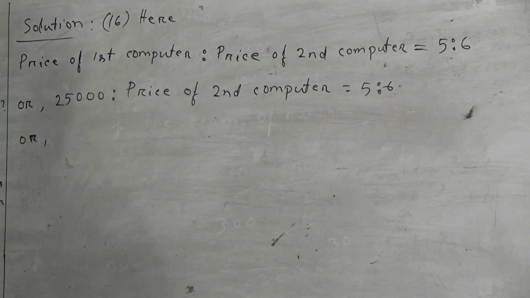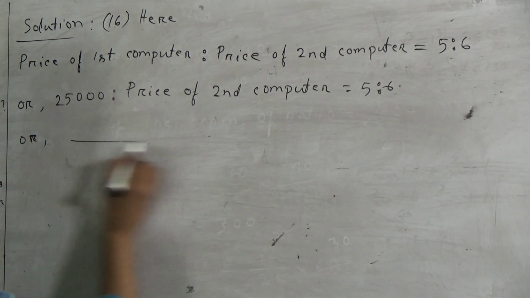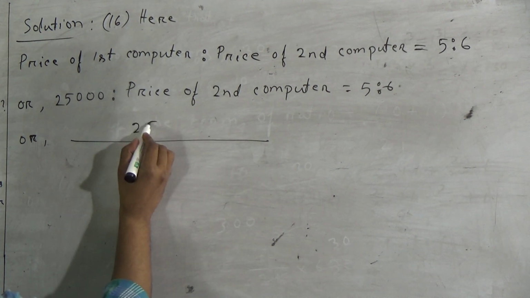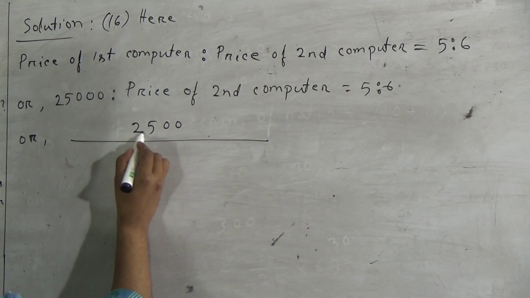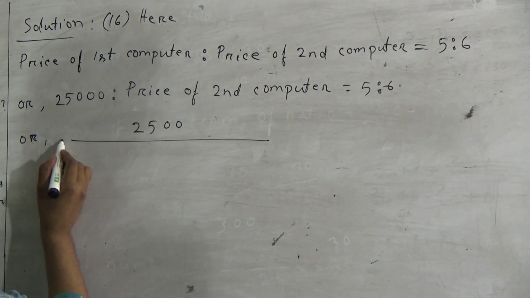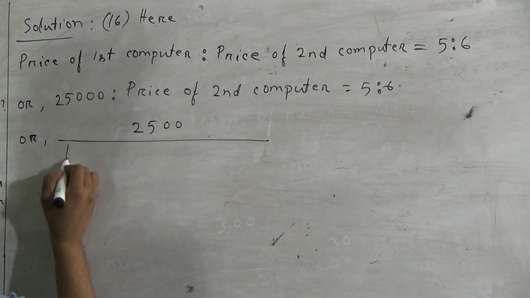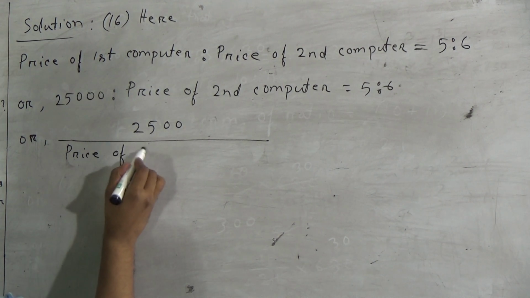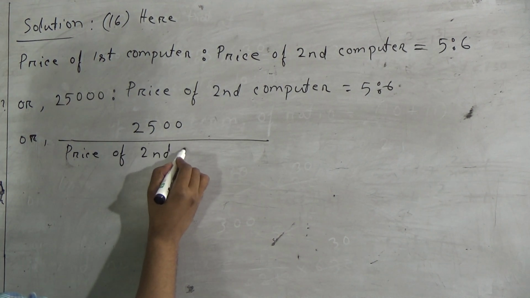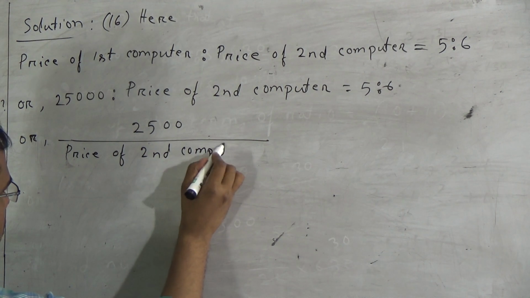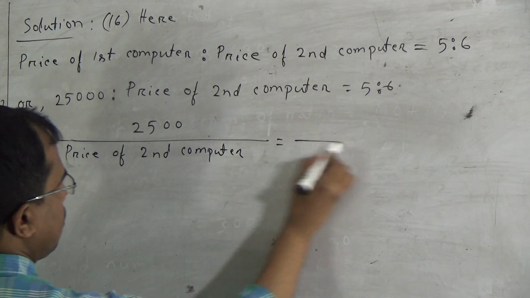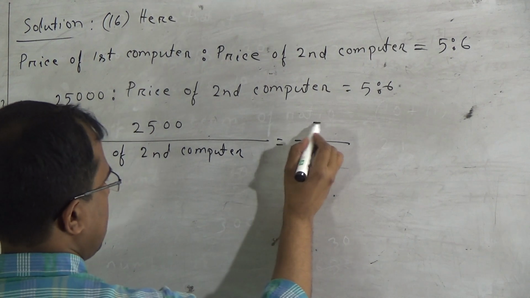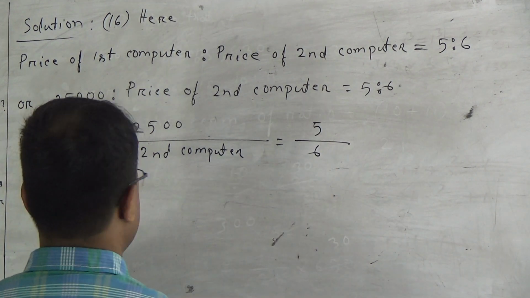Now we'll write this ratio as a fraction, and the first term of the ratio we will write as numerator. That means in the upper portion we'll write 25,000, and in the lower portion we'll write price of second computer. This is equal to 5 in the upper portion and 6 in the lower portion.